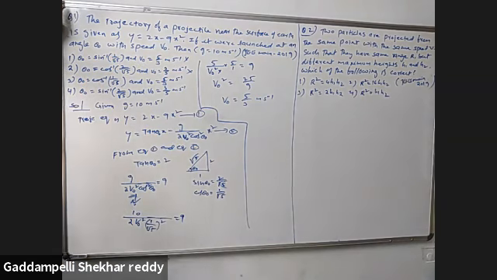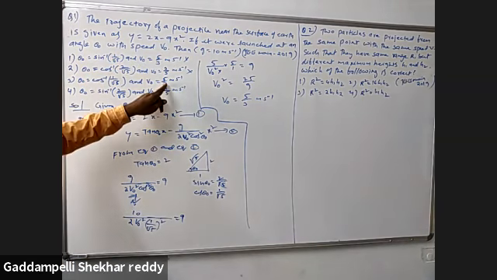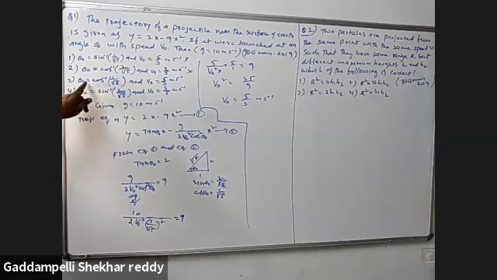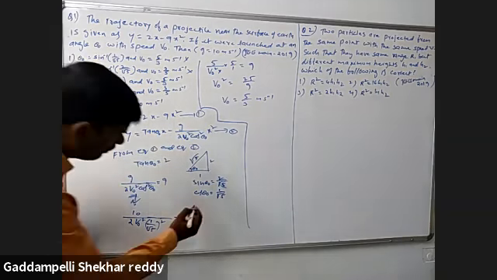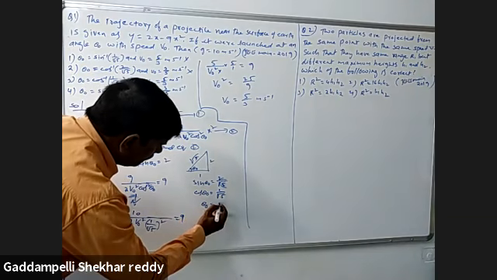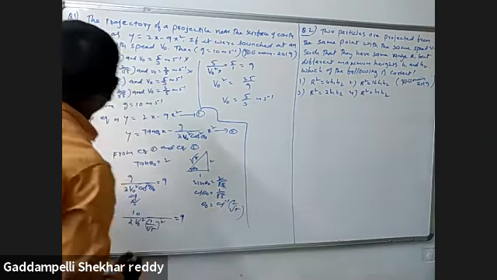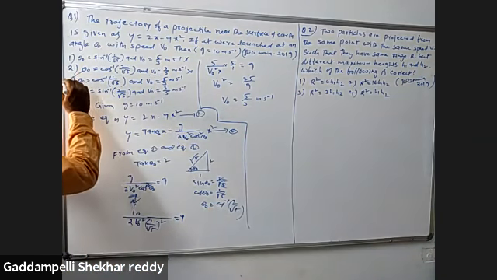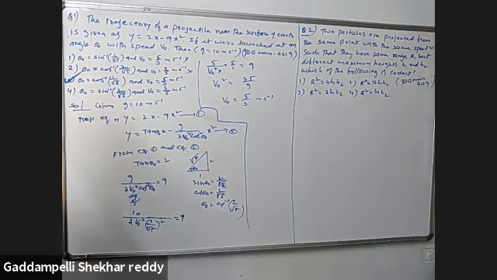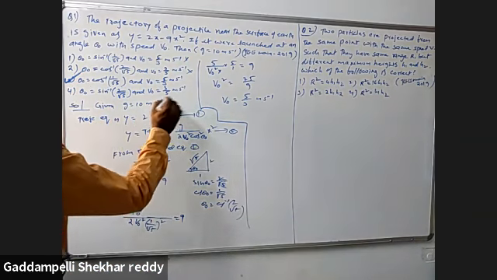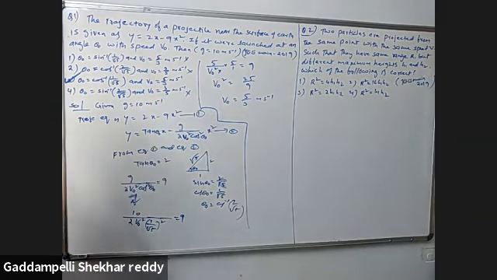Next, the third answer: v naught 5 by 3 and theta naught is equal to cos inverse of 1 upon root 5. So this answer is correct. So from this exam, the third answer is the correct answer.